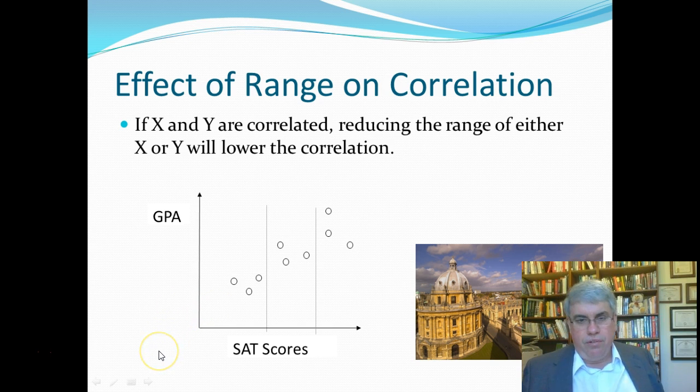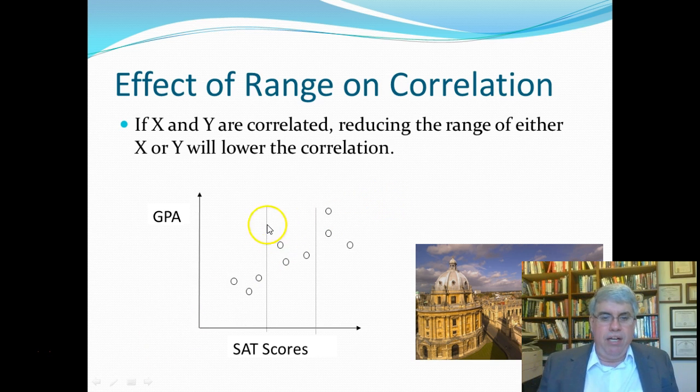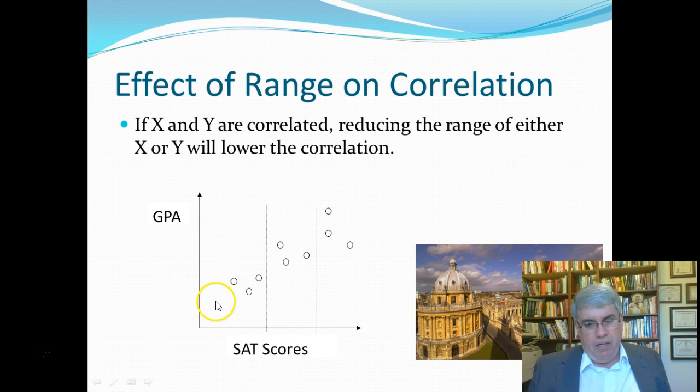However, in other schools where they get a whole range of SAT scores, we're going to see the correlation between SAT scores and GPA. So looking at these nine scores, there's a clear relationship, but if we just looked at the high scores, it looked like there'd be a negative relationship between GPA and SAT scores, and these other two don't look like there'd be much of a relationship at all.